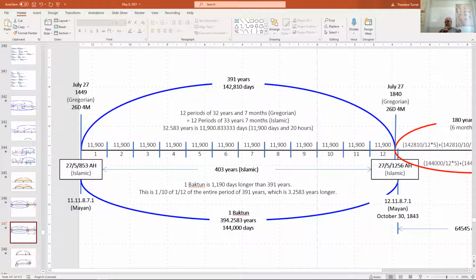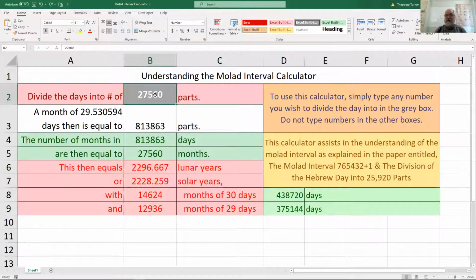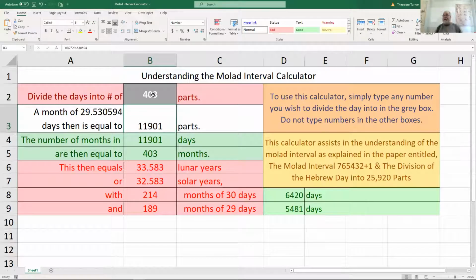Well, what happens is I'll show you here. So we'll go to this Molad interval calculator. Now, what I can do with this calculator here is I can divide the day into 403 parts. When I do that, it makes a month 11,900 parts.